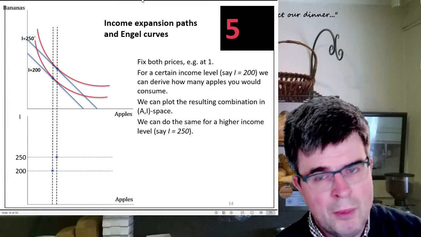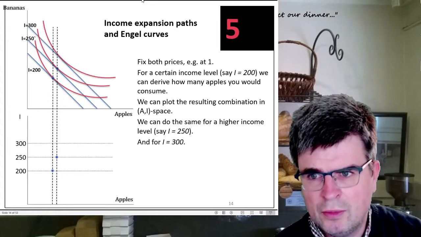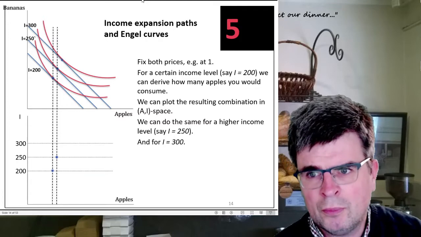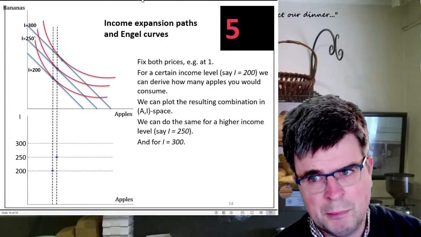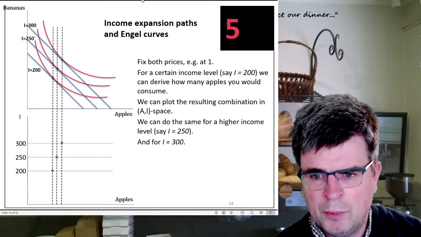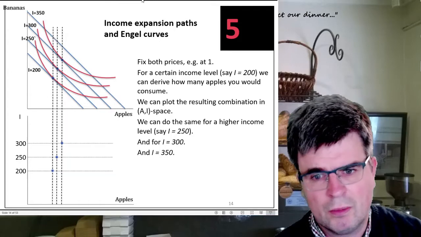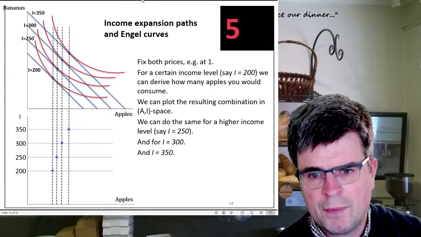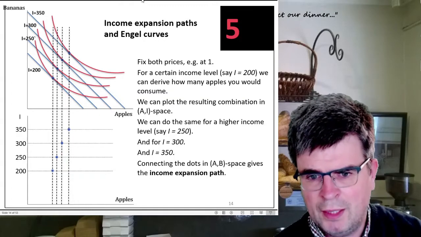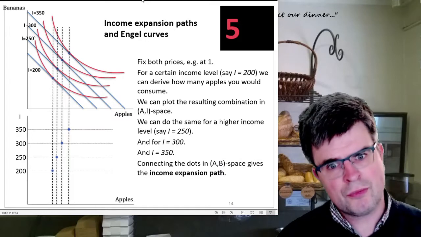Now we can play around with this, further increase our income to 300, we get a new optimal bundle. At this new optimal bundle, we will still consume a bit more apples, a bit more bananas, and we get a third dot on the graph below. We can do this for 350, we get the fourth dot, and so on. And in the end, we can connect the dots in the top graph.